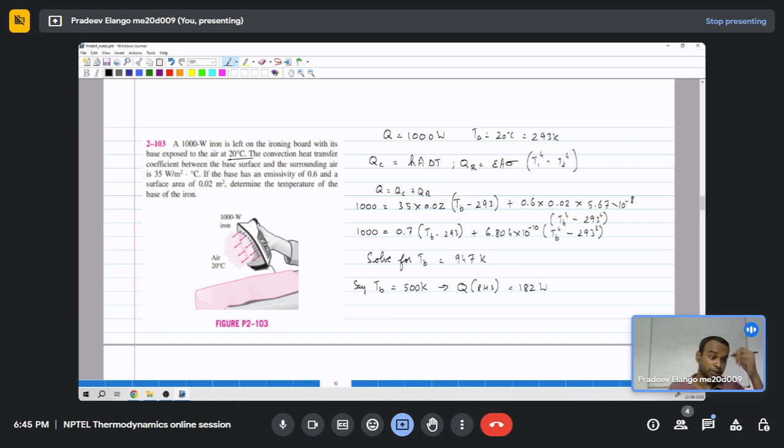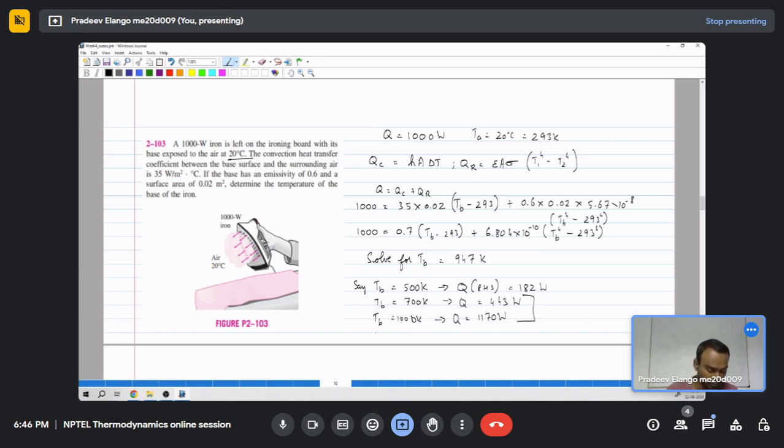So then I know that I have to increase the temperature. Now I can go for 700 Kelvin, then the Q value will be 443 watts. Now say I go for 1000 Kelvin, then I will get 1170 watts. Now I know that it is between 700 and 1000 Kelvin.